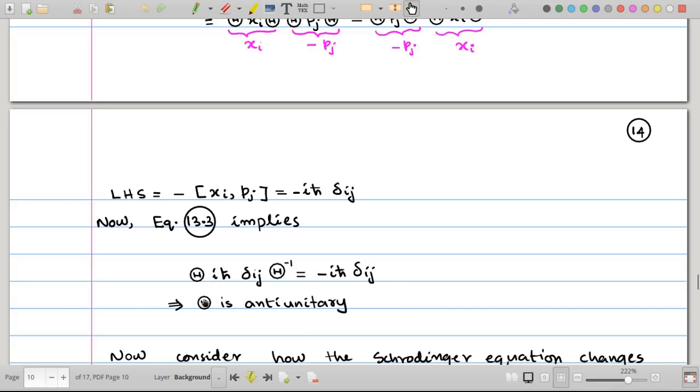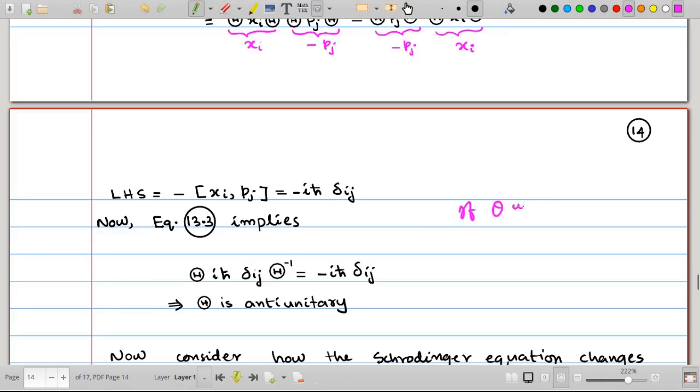Now if theta was a unitary operator, then theta i h bar delta ij would be i h bar delta ij theta.